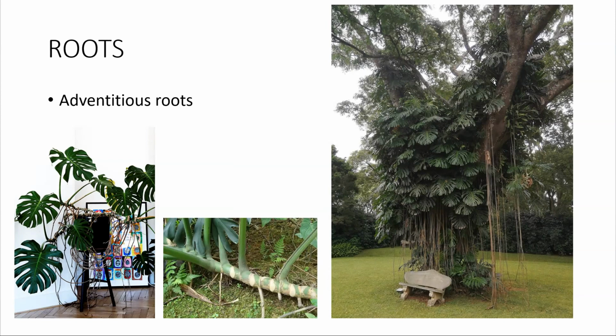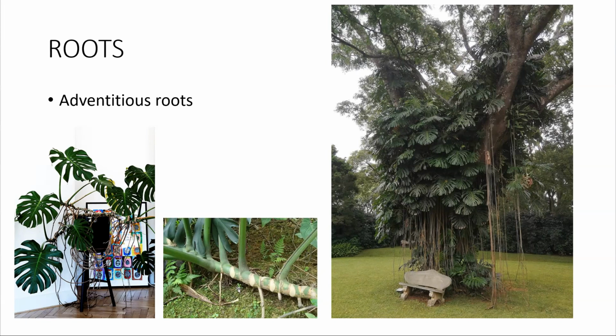Monsteras, this is Monstera deliciosa. These actually grow in trees. Okay, and so typically they're found in trees in tropical areas, and as they grow up a tree, they will start sending down roots, adventitious roots, to be able to gain some nutrition out of the soil itself.